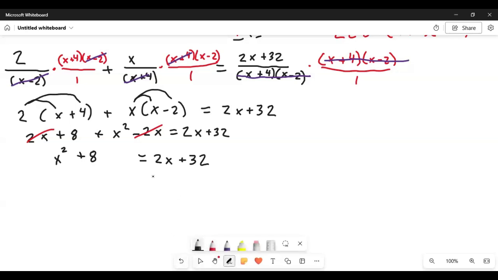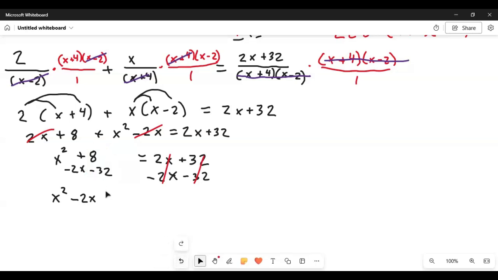Instead, let's subtract the 2x and subtract a 32 from both sides of the equation. That leaves you with x to the second minus 2x, and when you combine an 8 minus 32, you get minus 24, all of which equals 0.